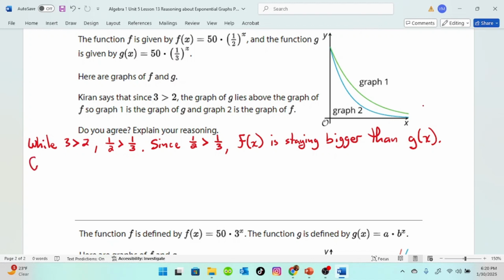This means graph 1 is f of x, and graph 2 is g of x.